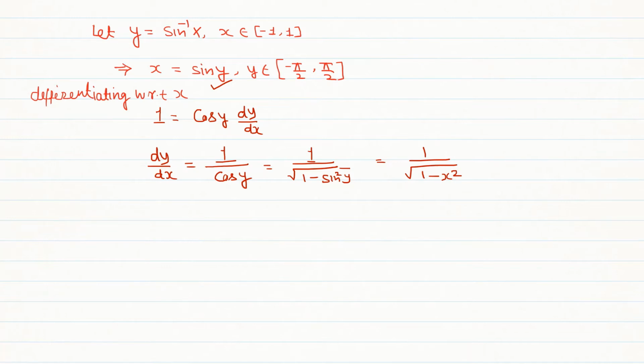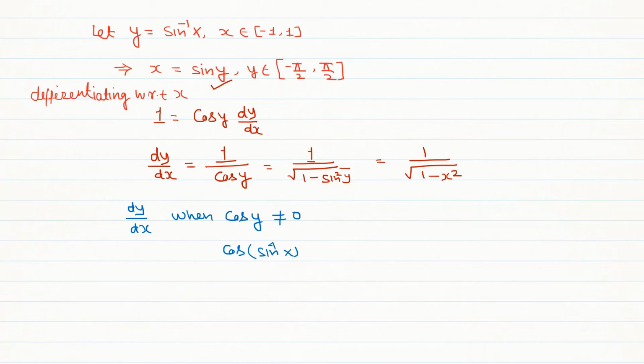Now a very interesting thing to note here is that this derivative dy by dx will only exist when cos y, that means the denominator, is not equal to 0. Because if cos y becomes 0, then this derivative will not exist. Now cos y should not be 0, and y is actually sine inverse x, so it is cos of sine inverse x.